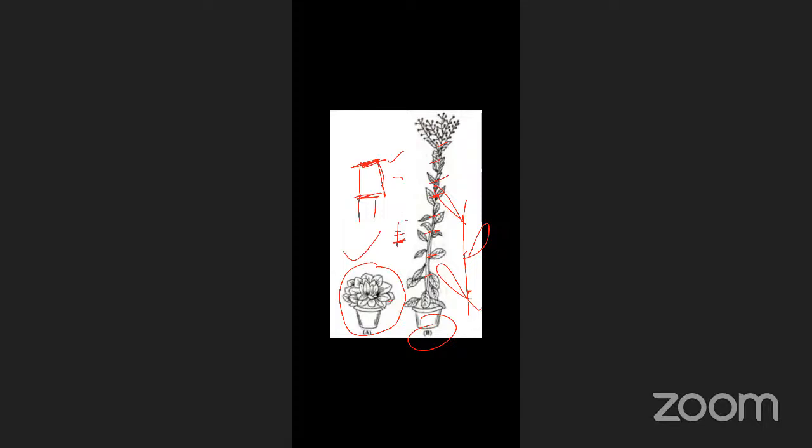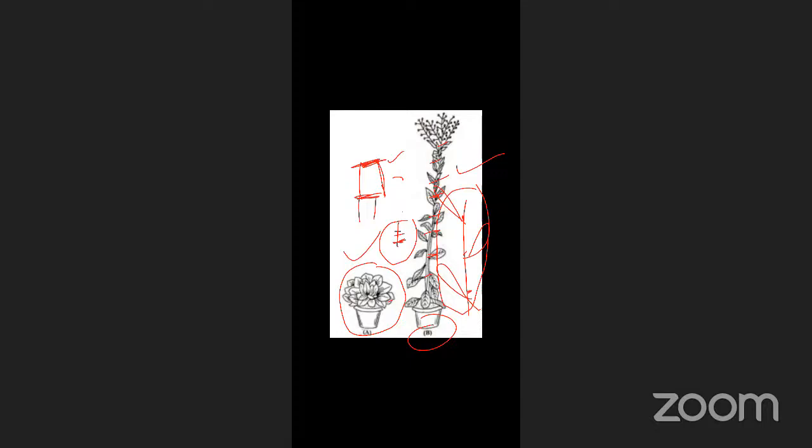So this is before applying gibberellin, and this is after externally applying gibberellin, right? Is it clear? That is the first physiological effect. And the second one is bolting and flowering, right?